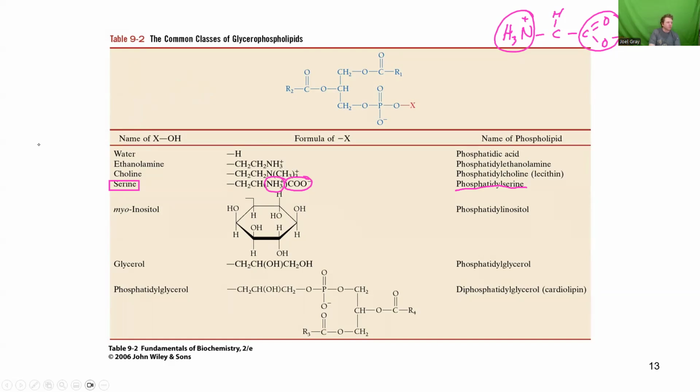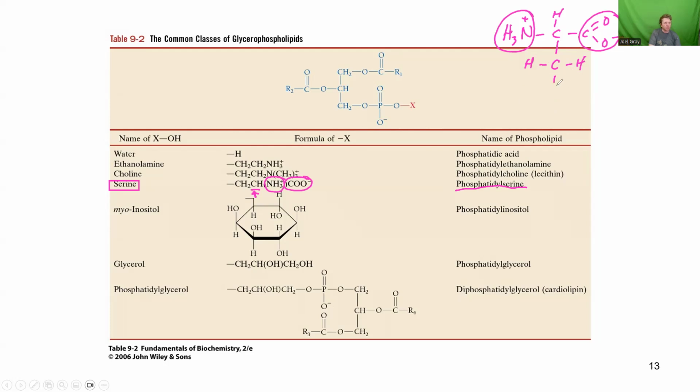So whenever I draw serine from this, or I'm translating from this single line notation, what I've just underlined right here, now I'm putting a star underneath, that is my alpha carbon. So that alpha carbon has an amino, that NH3, that COO minus, and a hydrogen coming off of it. And then it also has CHH.